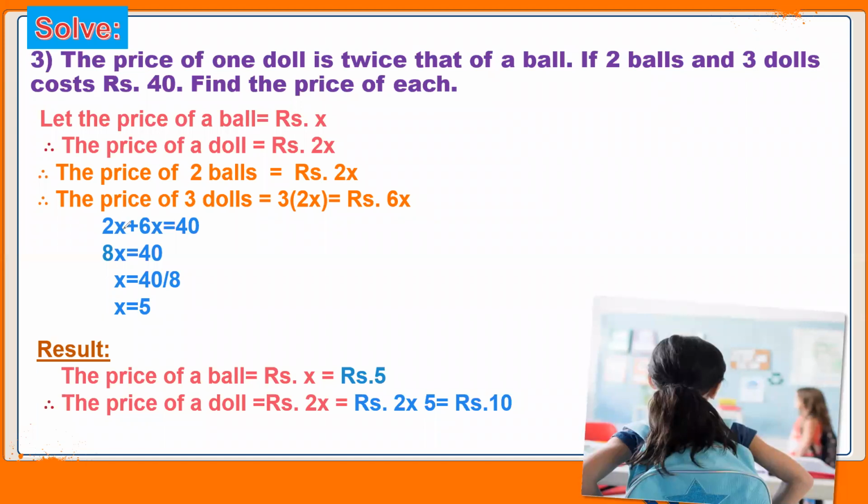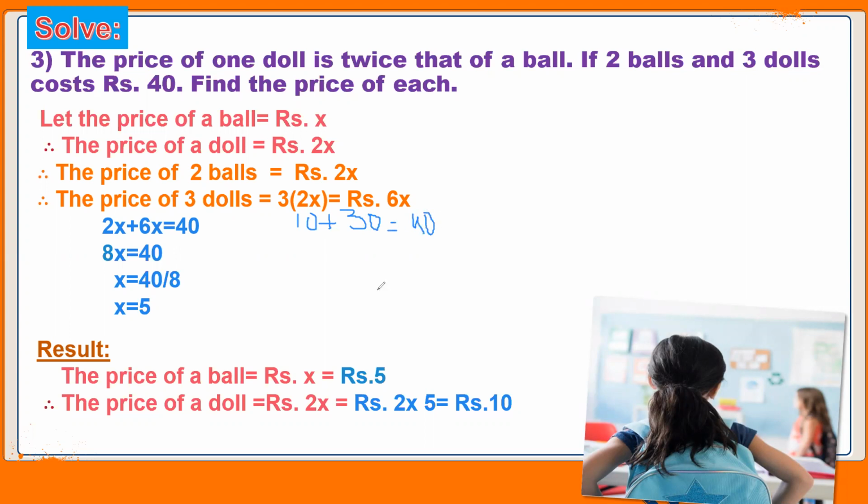Student, if in this equation I put the value of x as 5, 2 5s are 10 plus 6 5s are 30, is equal to 40.